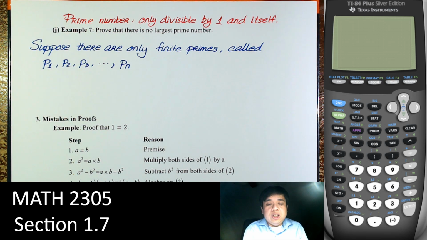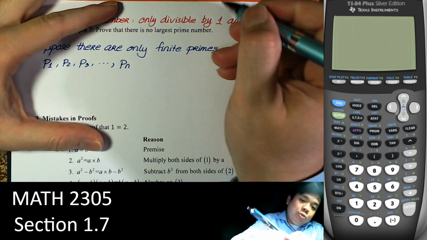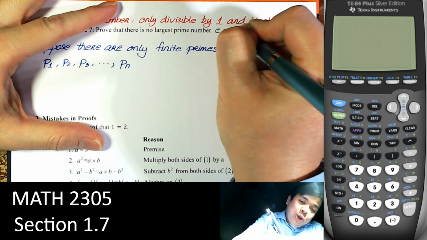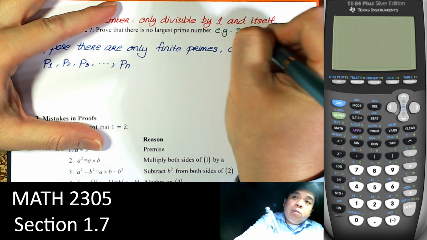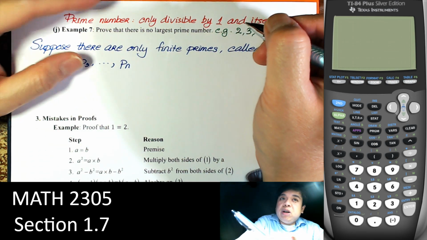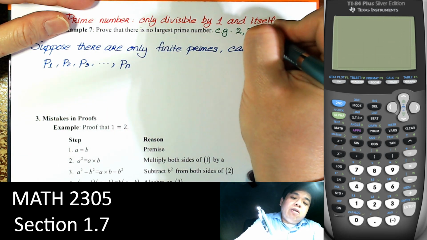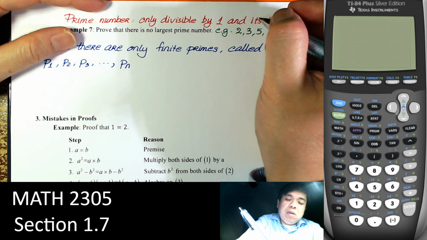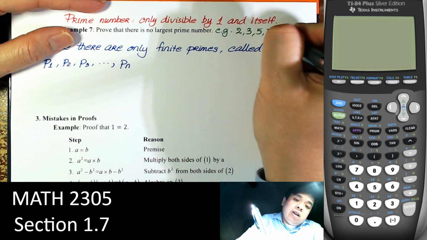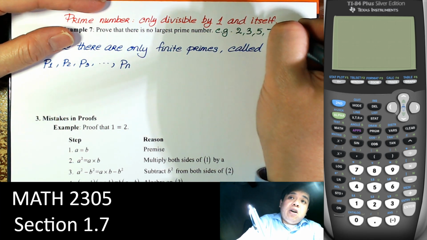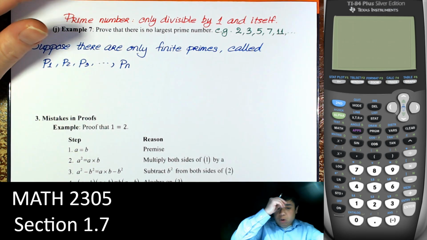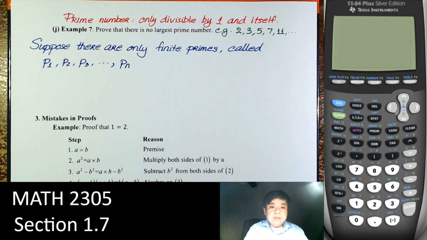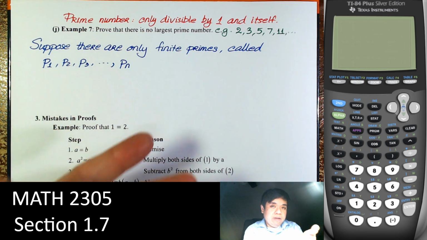Maybe some examples would be nice. 2 is a prime. 3 is a prime. 4 is not a prime because 4 is divisible by 2. 5 is a prime. 6 is not, because 6 is divisible by 2 and 3. 7 is prime, 8 and 9 are not. So those are prime numbers. Now let's suppose that we have those prime numbers.